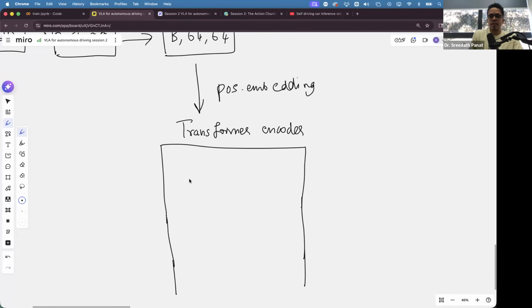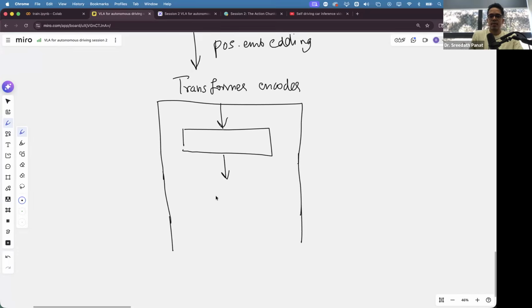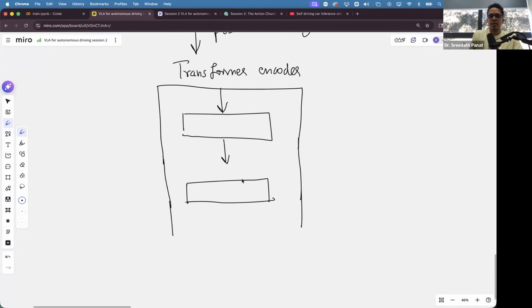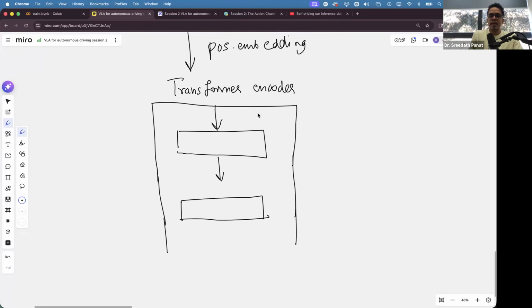In which, let's say it is coming like this. First, multi-head attention, layer normalization.